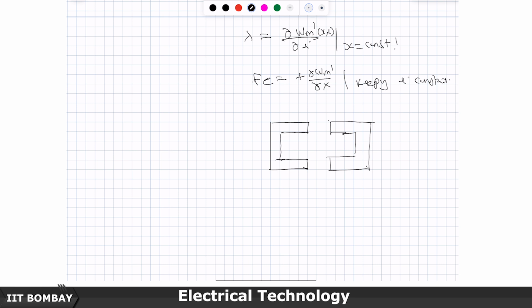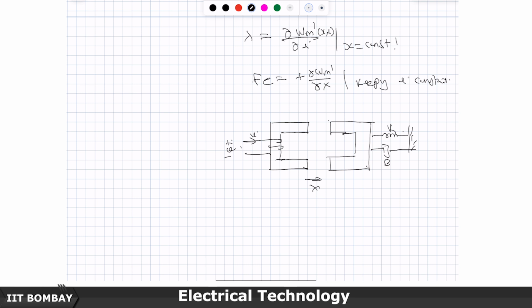And I have a coil somewhere here, connecting a voltage, and let us say on this side the mechanical system is represented by a spring with the spring constant K, and a damping. I am not going to use that right now. X is measured in this particular way.